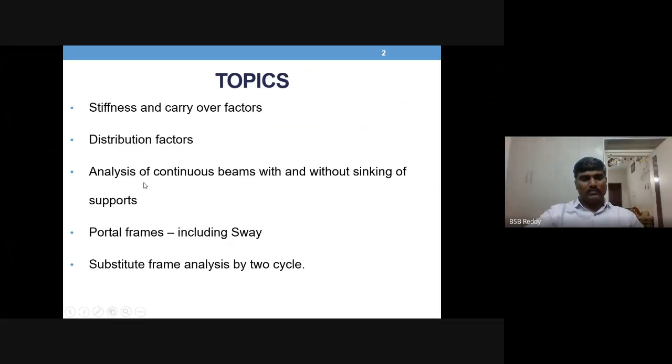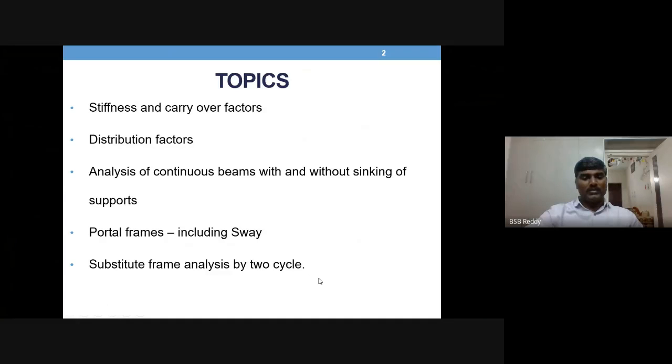Next, we'll take up analysis of continuous beams with and without sinking of supports, and then we will move to portal frames with and without sway. Another method is also introduced in this Unit 4. It's called substitute frame analysis by two cycle.